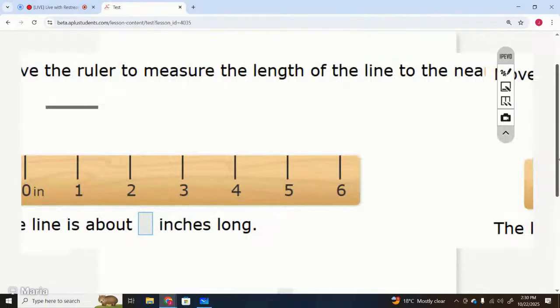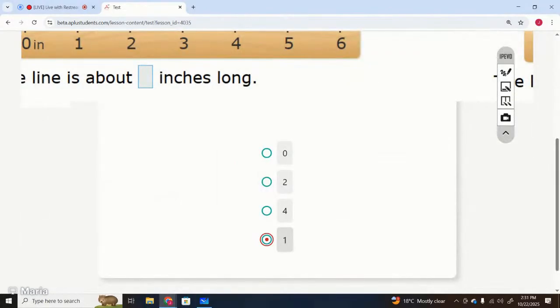Use the ruler to measure the length in inches. That is 1 inch long. Option number 4.